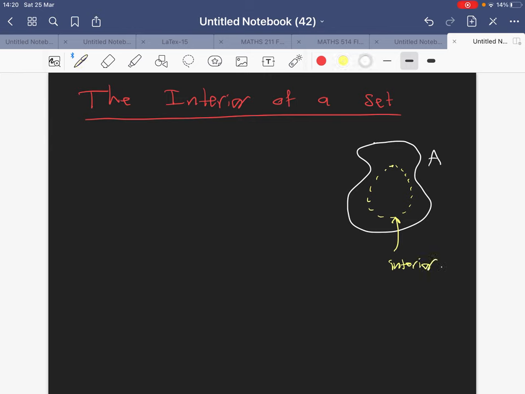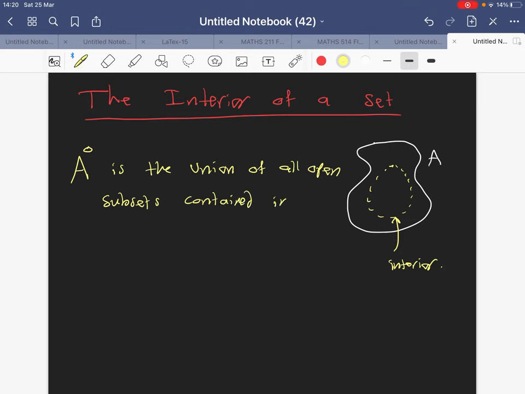Now, if we want to define it, it will be defined as follows. We will say A interior is the union of all open subsets contained in A. So take all the open subsets inside A, take the union of them.